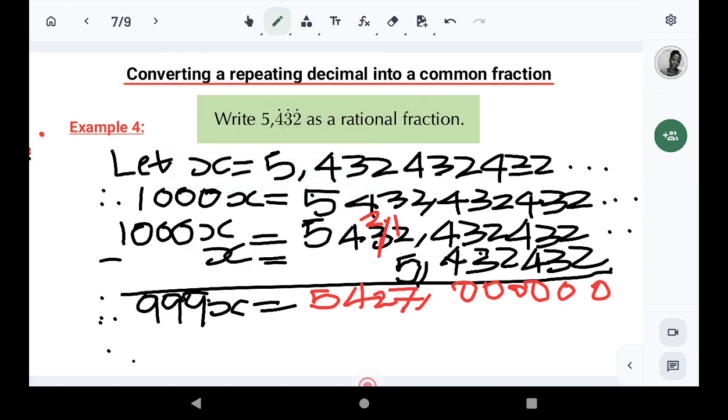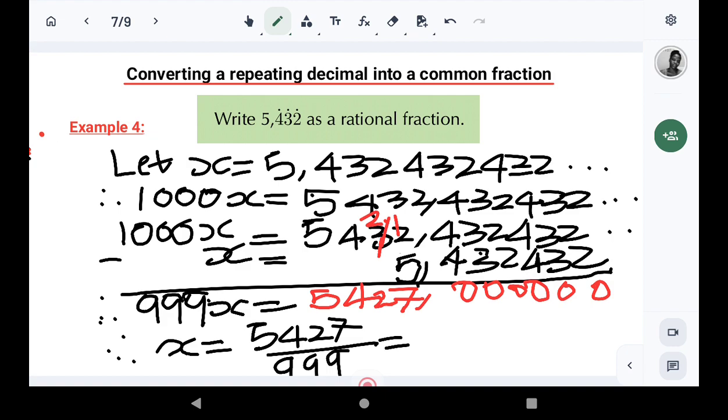Therefore, now you divide both sides by 999. So x equals 5,427 divided by 999.